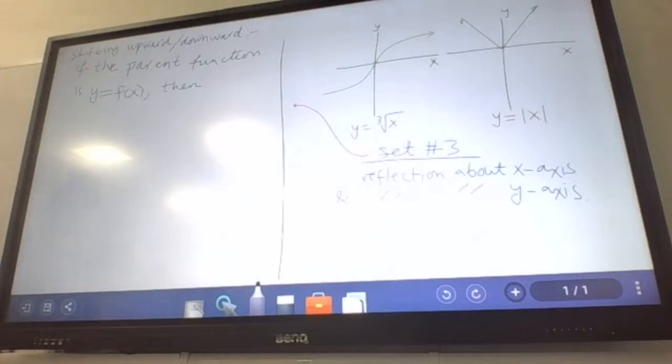Or what's the rule if we shift the graph k units downward?